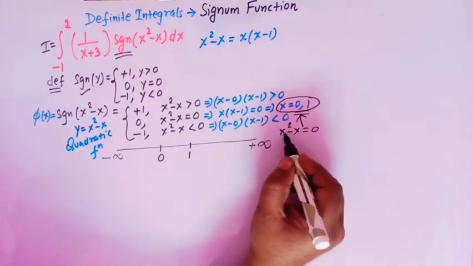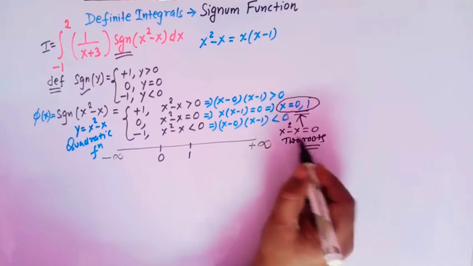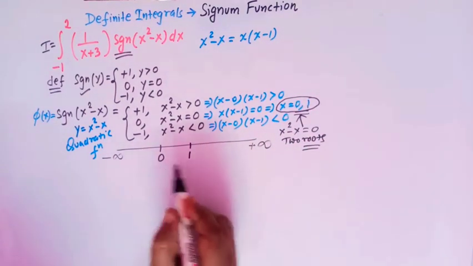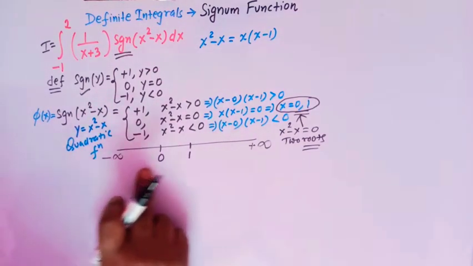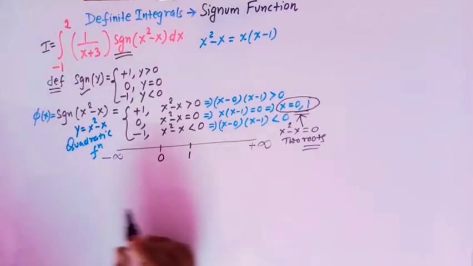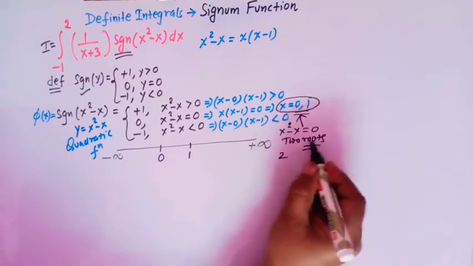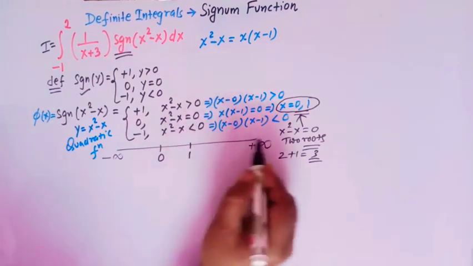Since the quadratic equation has 2 roots, the number line is divided into 3 intervals, 2 roots plus 1, that is 3.